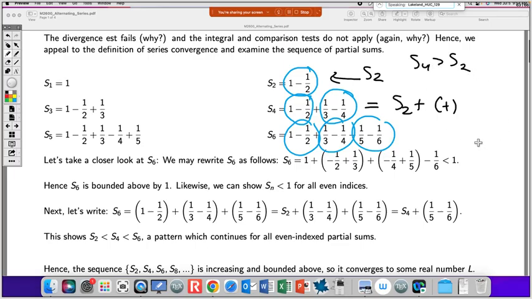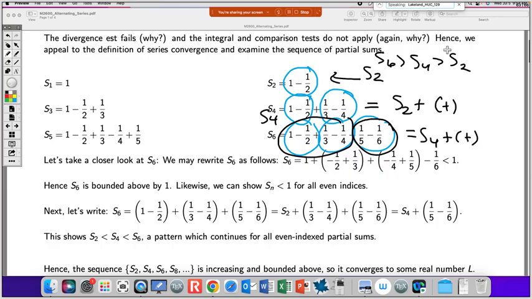You follow? Now I look down here, and I got this and this. That's S4, and I'm going to add this on to it. You with me? But a fifth minus a sixth is what kind of number? A positive.